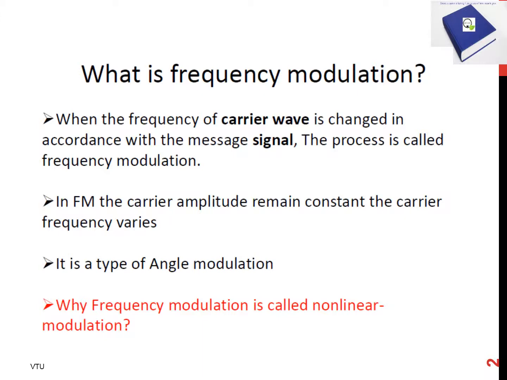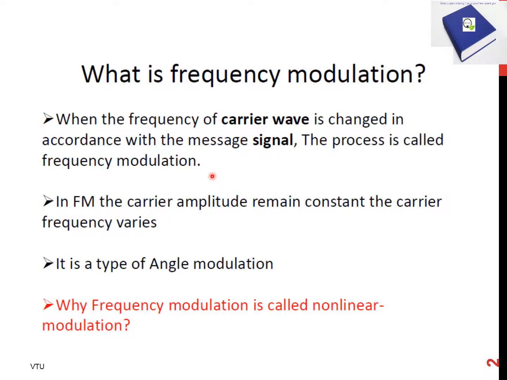Now before going into detail, let us see what frequency modulation is. The definition of frequency modulation: the frequency of the carrier wave is changed in accordance with the message signal. This process is called frequency modulation. So the carrier frequency is varied in accordance with the message signal.